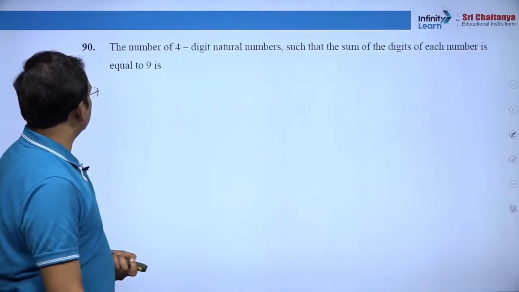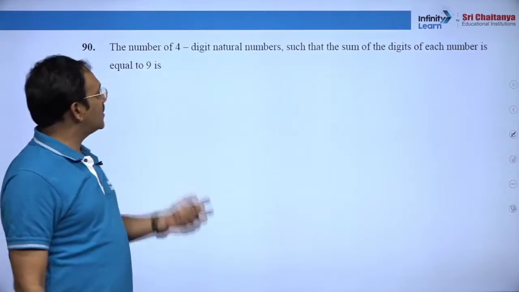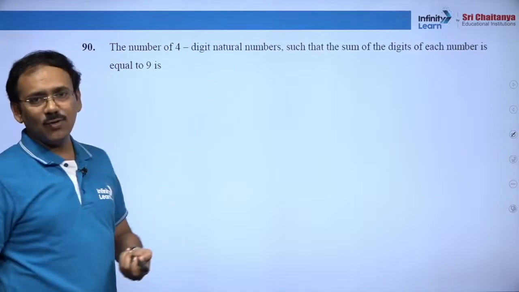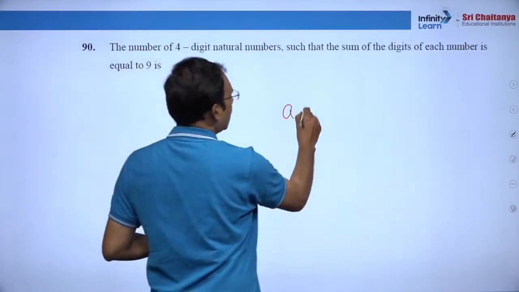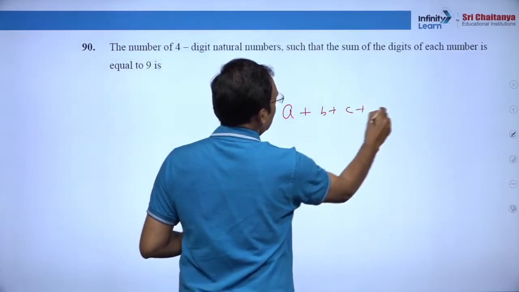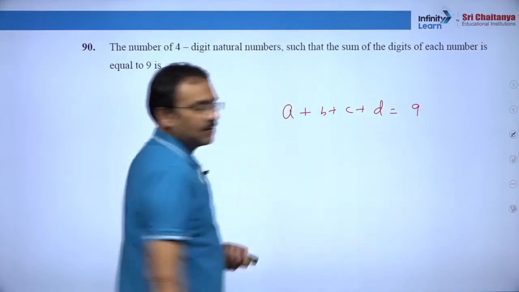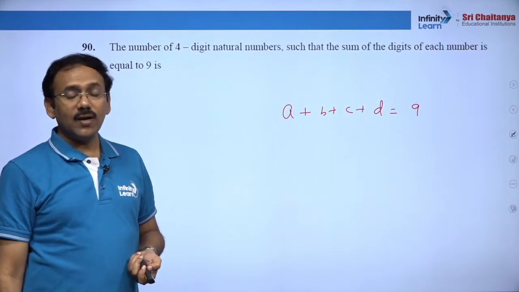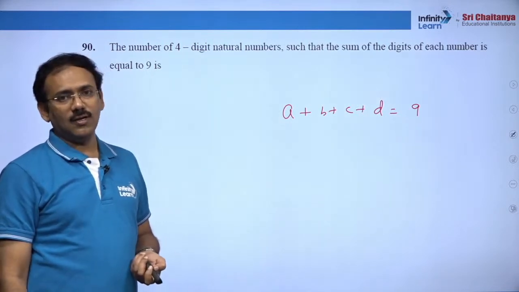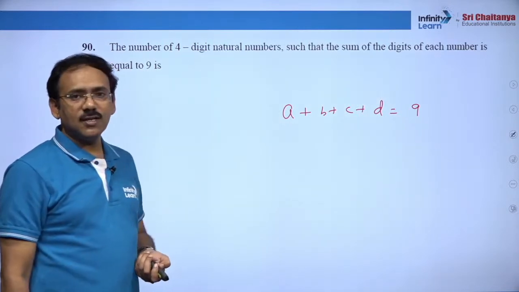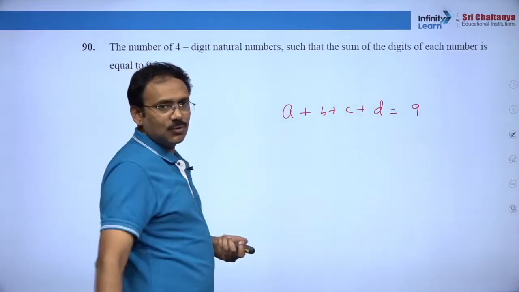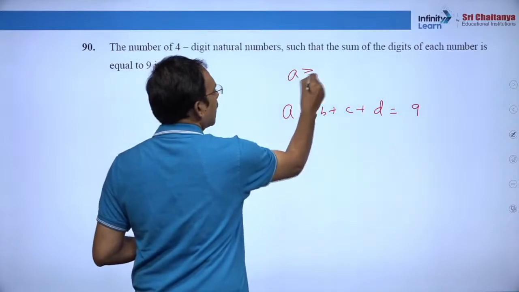And the last question: the number of 4-digit natural numbers such that the sum of digits of each number is equal to 9. You can take A plus B plus C plus D is equal to 9, where A, B, C, D can be 0 to 9, so we take the number of non-negative integral solutions of this. But my dear friends, A should not be 0, so A must be greater than or equal to 1.